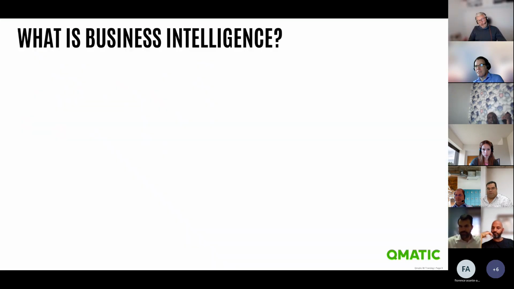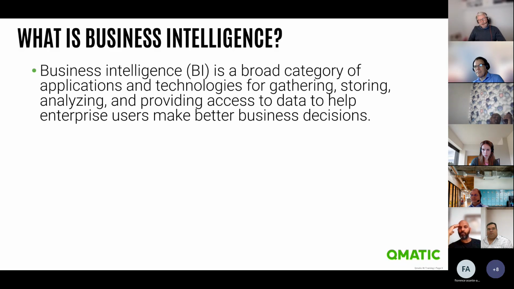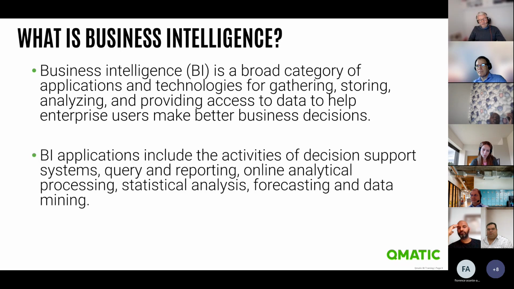If you look at what is business intelligence, and you would look that up in Google, you would probably find 500 different definitions. Things like it's a broad category of applications and technologies for gathering, storing, analyzing, and providing access to data to help enterprise users make better business decisions. Or BI applications include the activities of decision support systems, query and reporting, online analytical processing, statistical analysis, forecasting, and data mining.